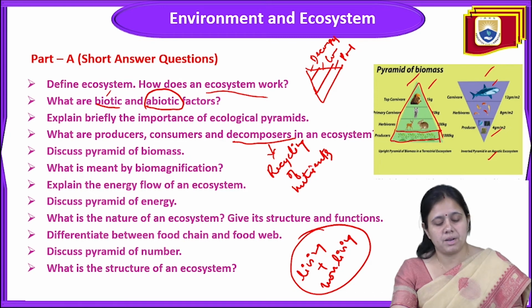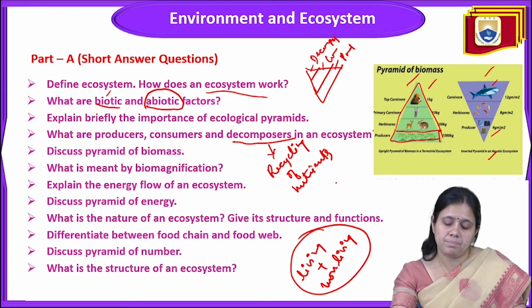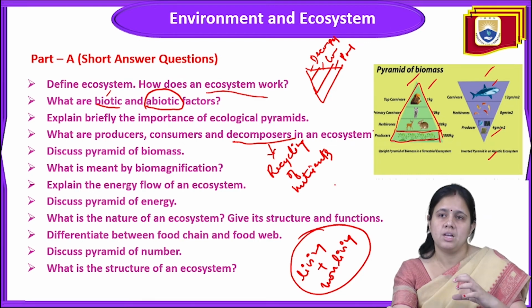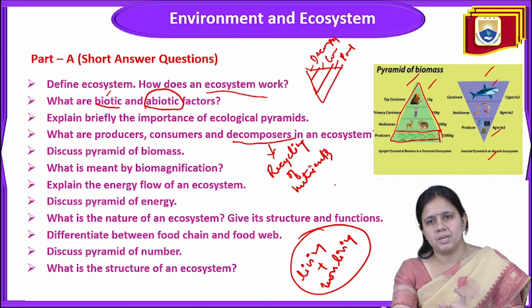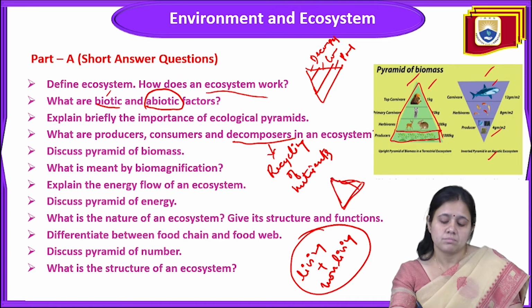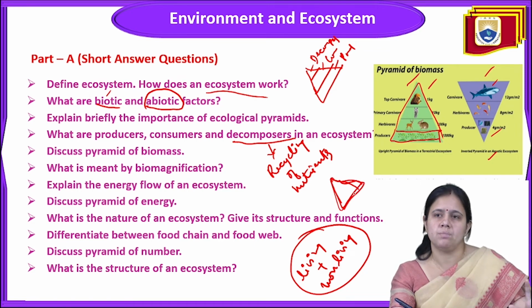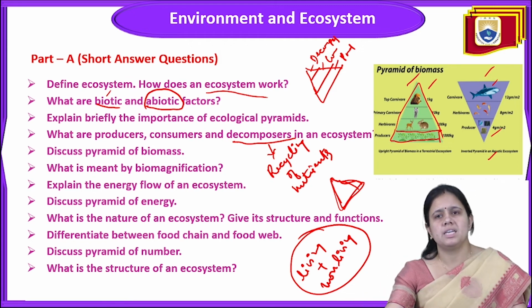Next, discuss the pyramid of energy. A pyramid shape is there for every trophic level, every ecosystem. We divide this pyramid on the basis of pyramid of biomass, pyramid of number, and pyramid of energy. The pyramid of energy is always upright in nature, because in any ecosystem, as we go from a lower trophic level to a higher trophic level, there is some loss of energy from one trophic level to another.